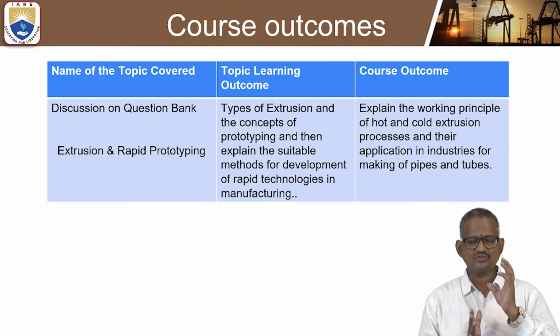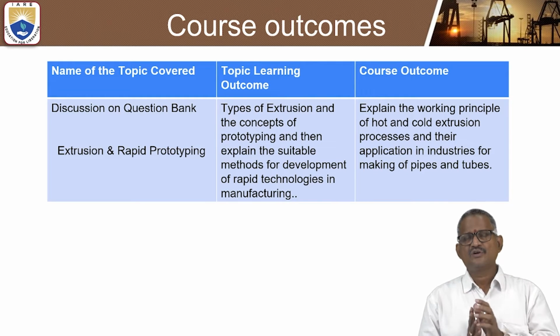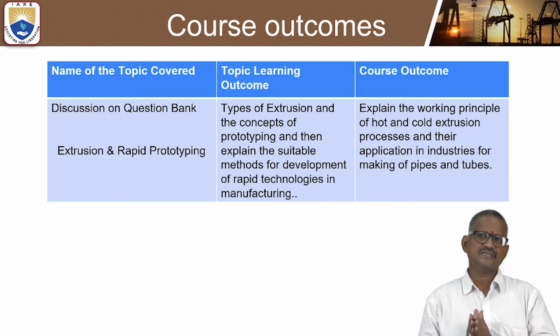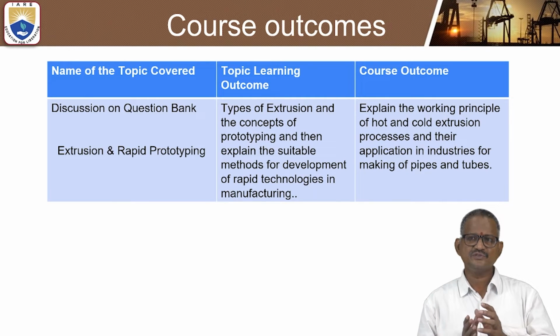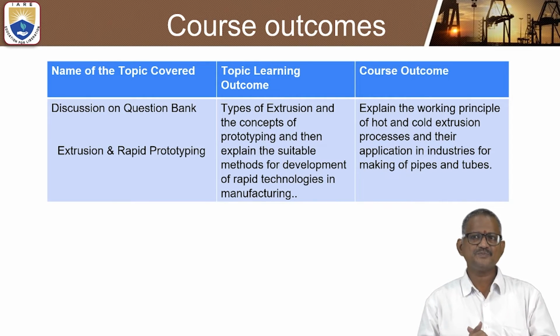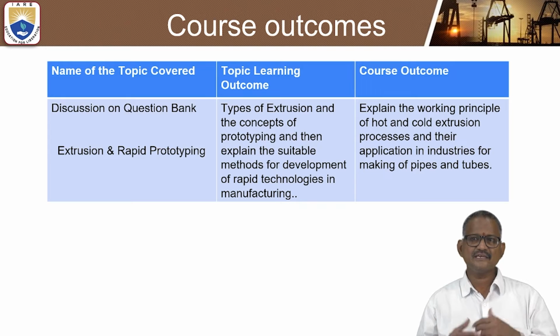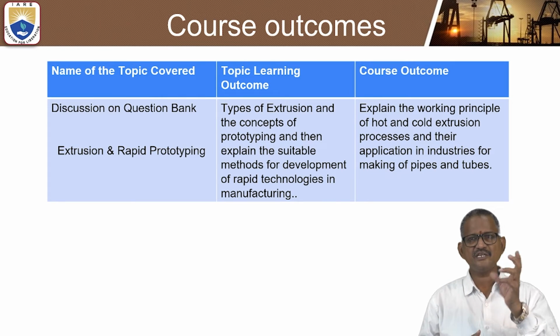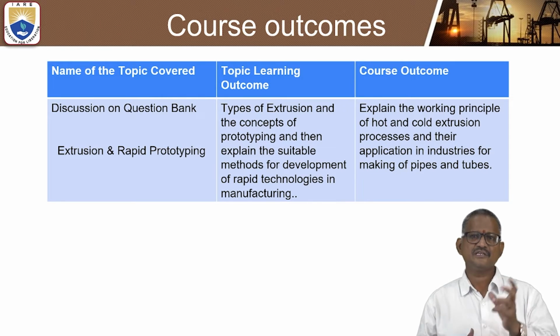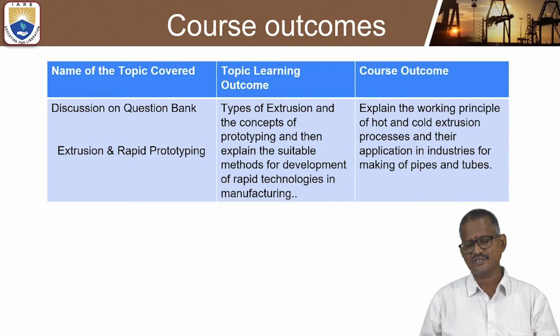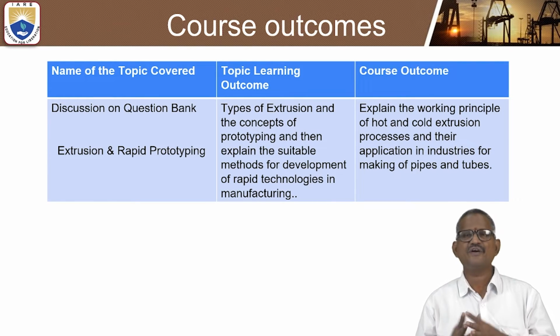After completion of this subject, the student should be able to explain the working principle of hot and cold extrusion processes and their application in industries for making pipes, tubes and some 3D parts. 3D printing parts can also be designed and fabricated.